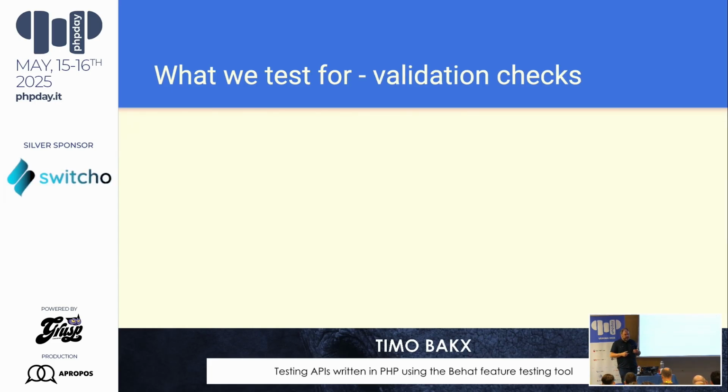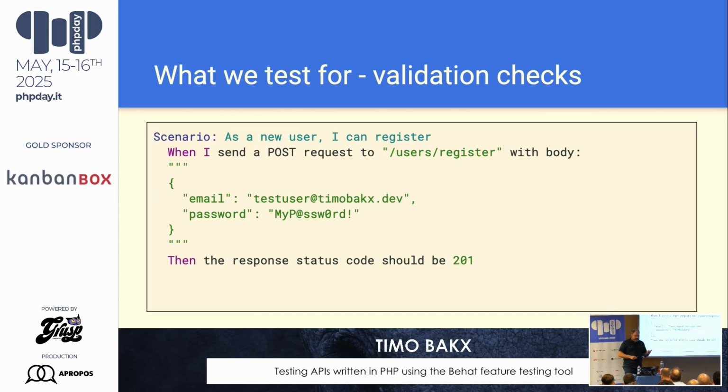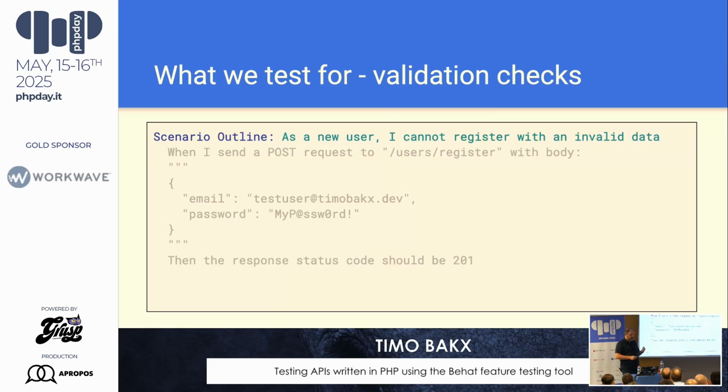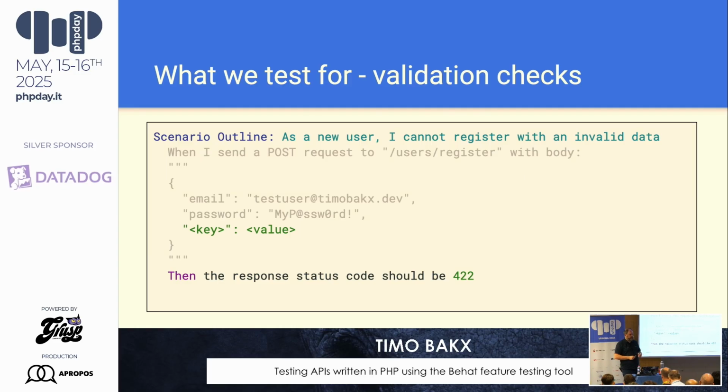What we also do, we work for customers in our agency, so if budget-wise allows, we check validation tests. So we have an input, and instead of running the scenario, we generate a scenario outline. We make sure that we check for the right status, and we add a placeholder.